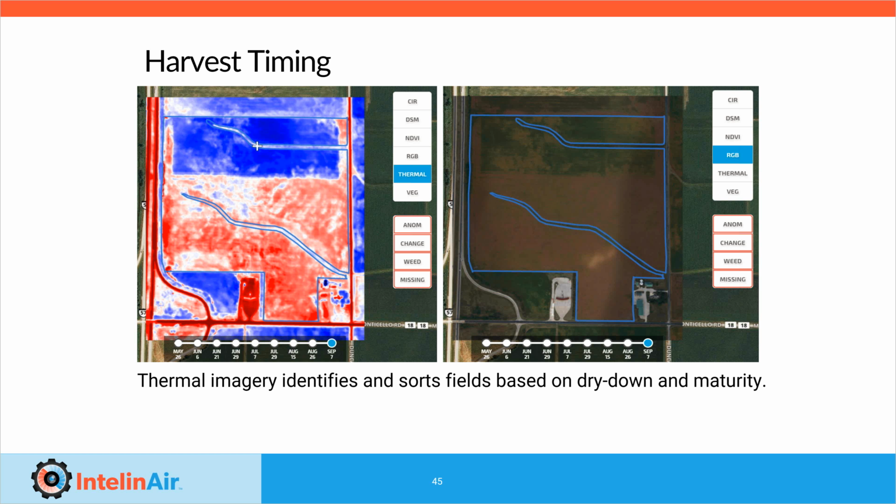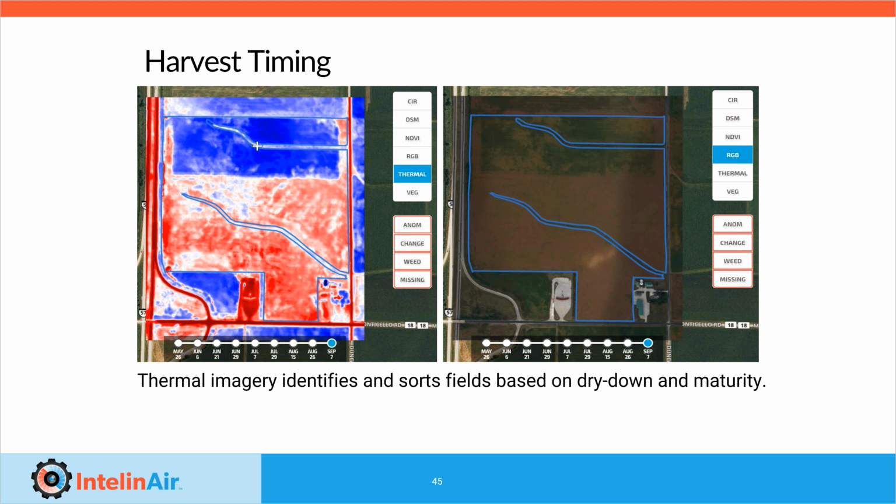And so the crops that are still actively growing are going to be holding on to that moisture. They're going to register under a lot cooler temperatures than the crops that are completely dried out and ready to harvest. And so if you think about not only viewing a field in terms of this type of image, where you can see we have one variety here at the top of the field that's clearly not ready to go, but the rest of the field looks pretty ready for harvest.